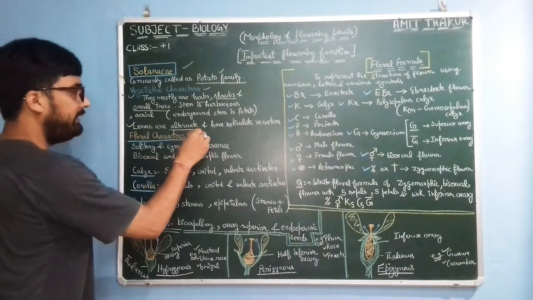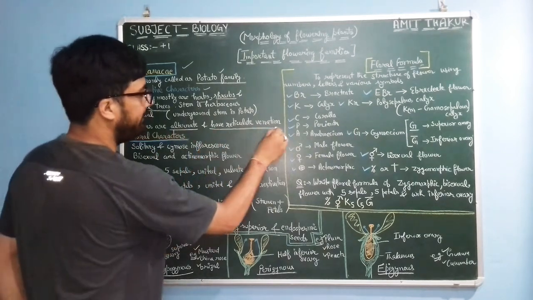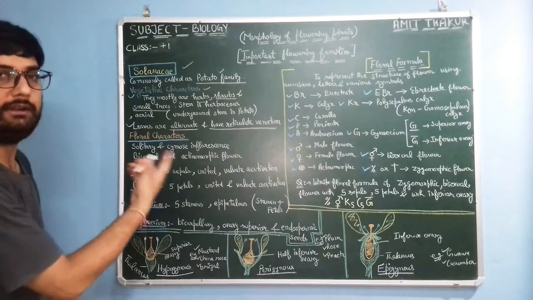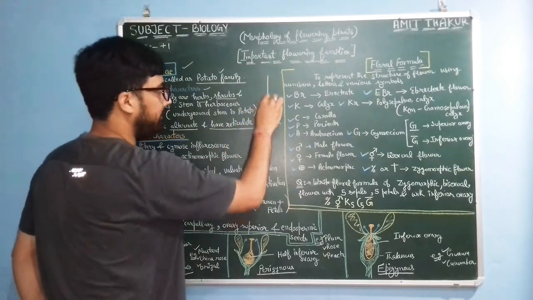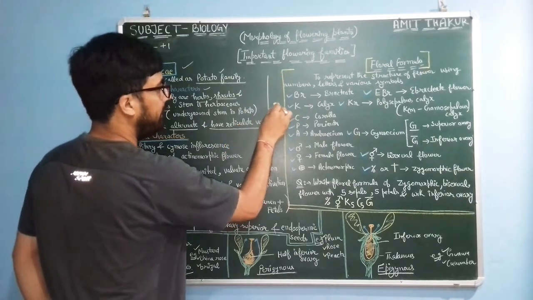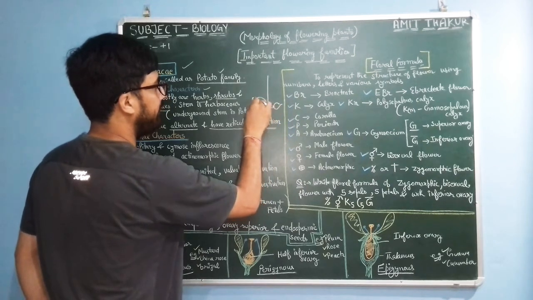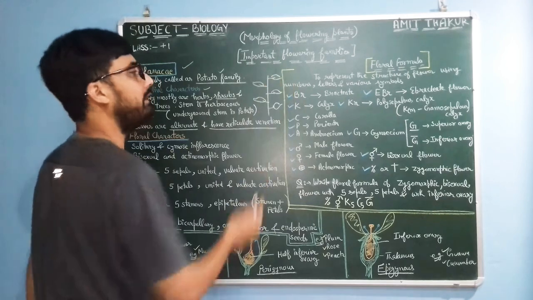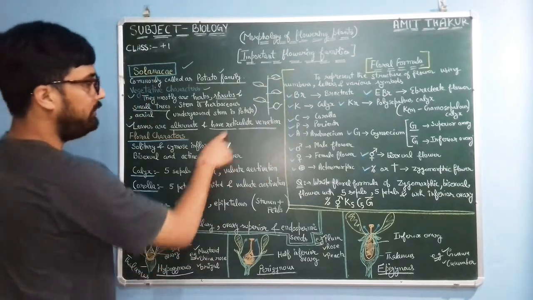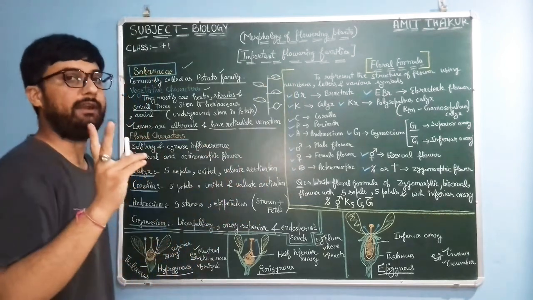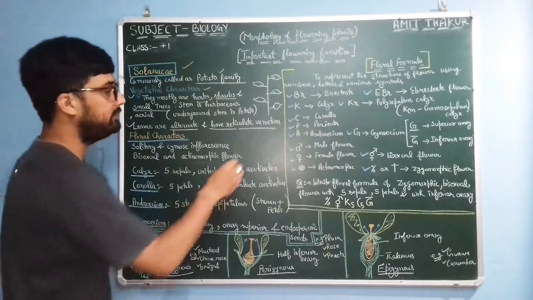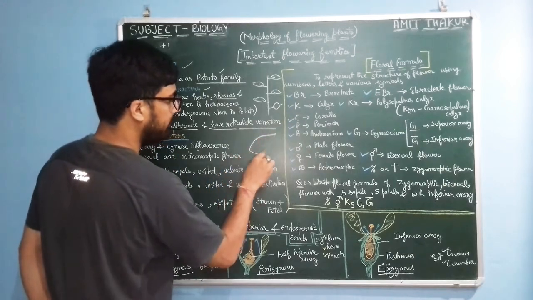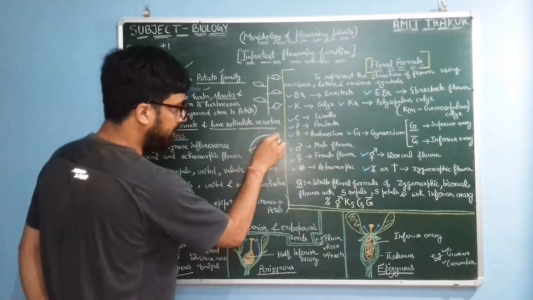Leaves are alternate and have reticulate venation. Alternate leaves means the stem and leaves alternate like this. These are alternate leaves. And reticulate venation: there are two types of venation in leaves. This is the midrib.